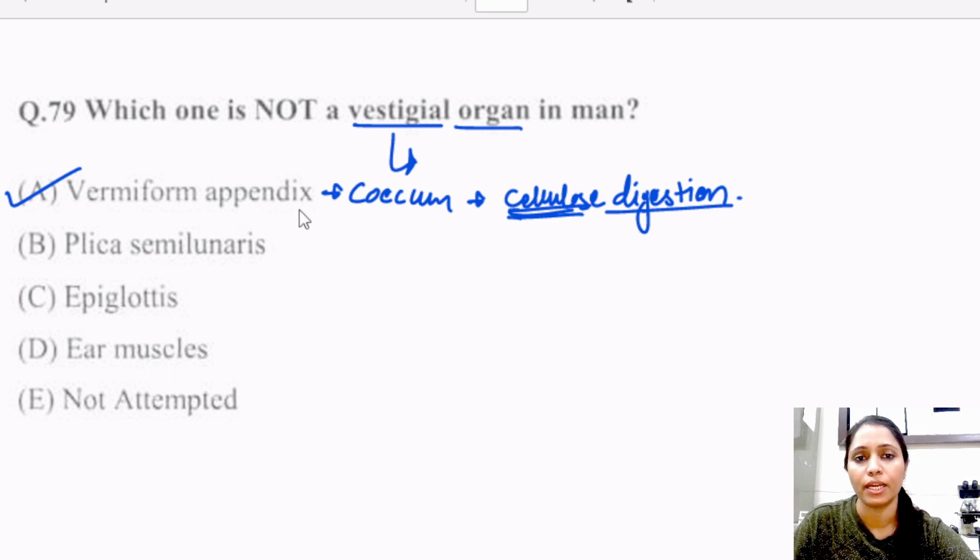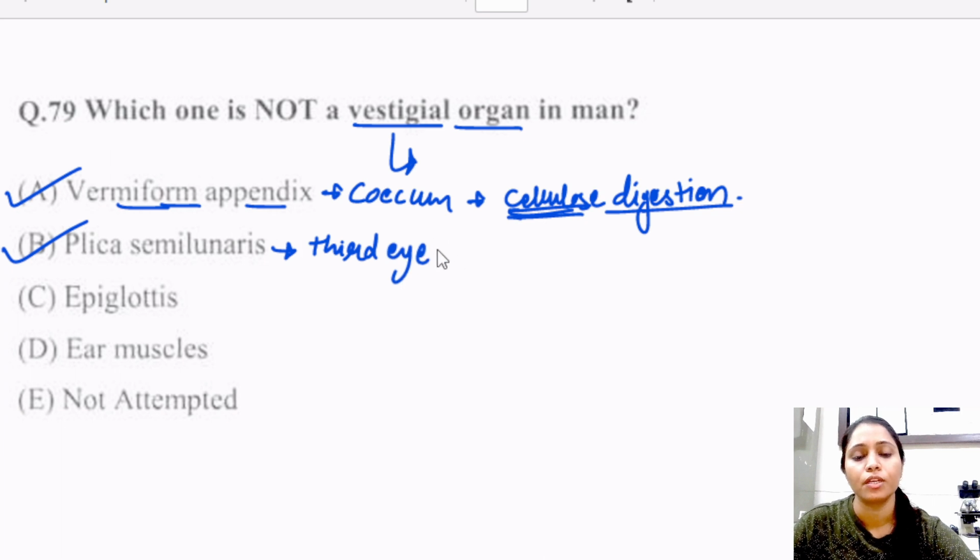So the vermiform appendix was functional at that time, but gradually it became non-functional or reduced. Plica semilunaris is also known as the third eye or nictitating membrane. So this is also reduced. And ear muscles: some human beings can move their ears slightly, but it serves no purpose. So these three are vestigial organs.